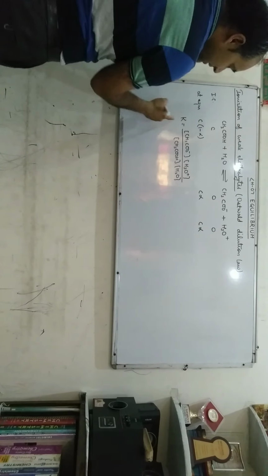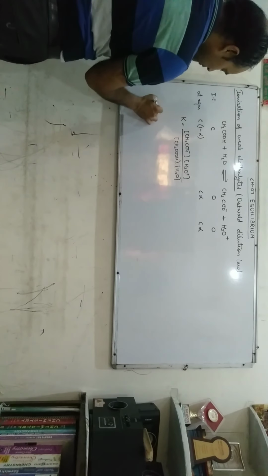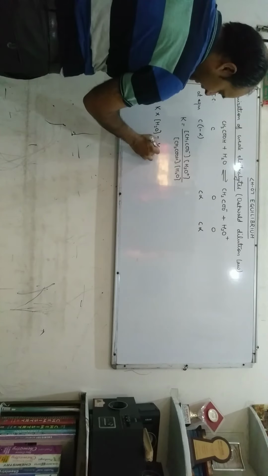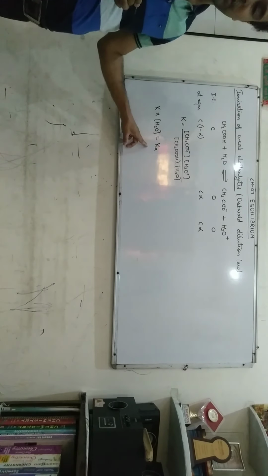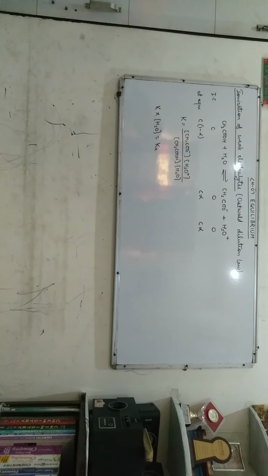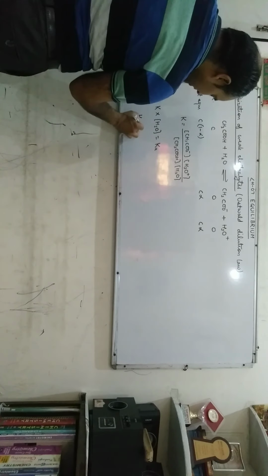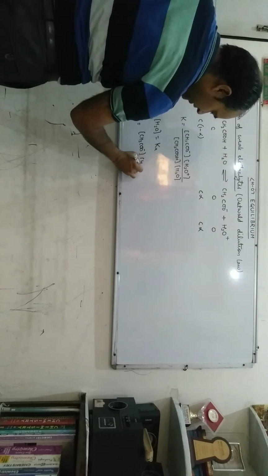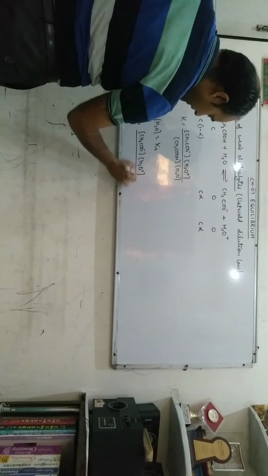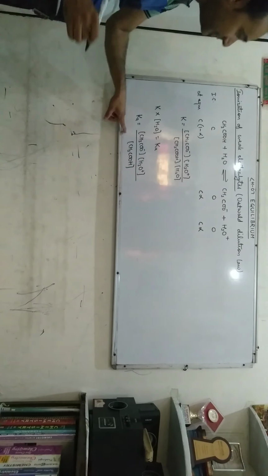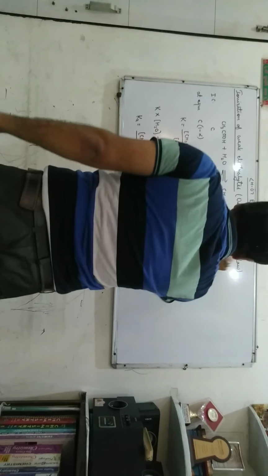But we know that since it is a dilute solution, the product of K and concentration of H2O should be taken as Ka. It is taken as dissociation constant for acid. Therefore, we have Ka is equal to concentration of acetate ion into concentration of hydronium ion divided by concentration of acetic acid, and their values are given.